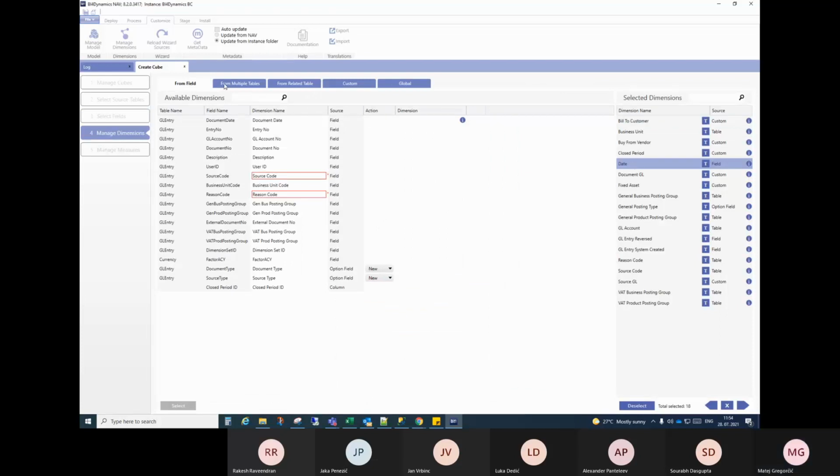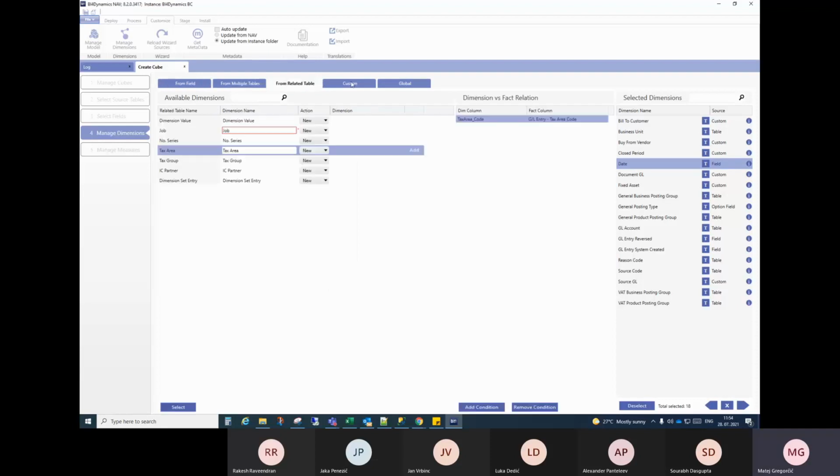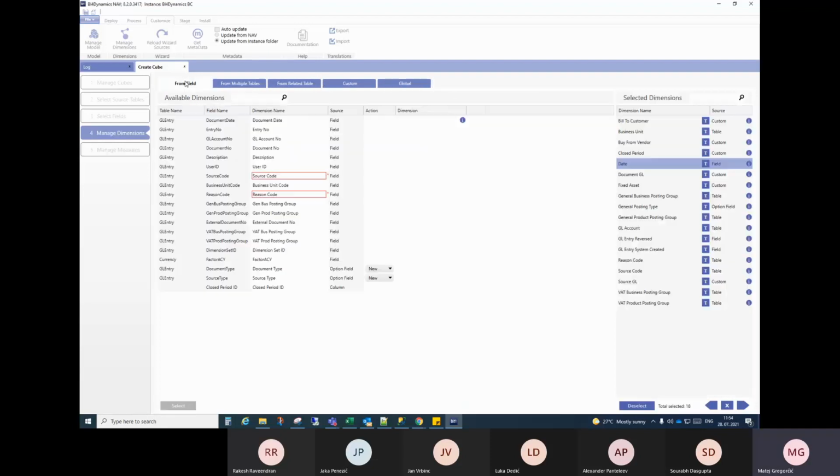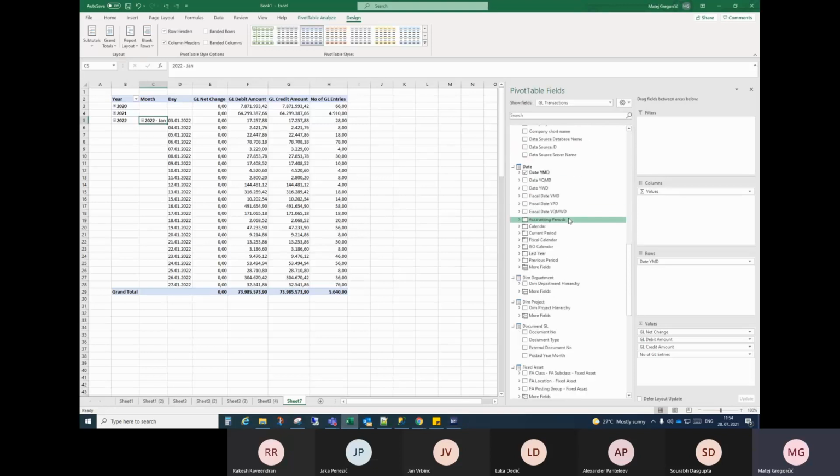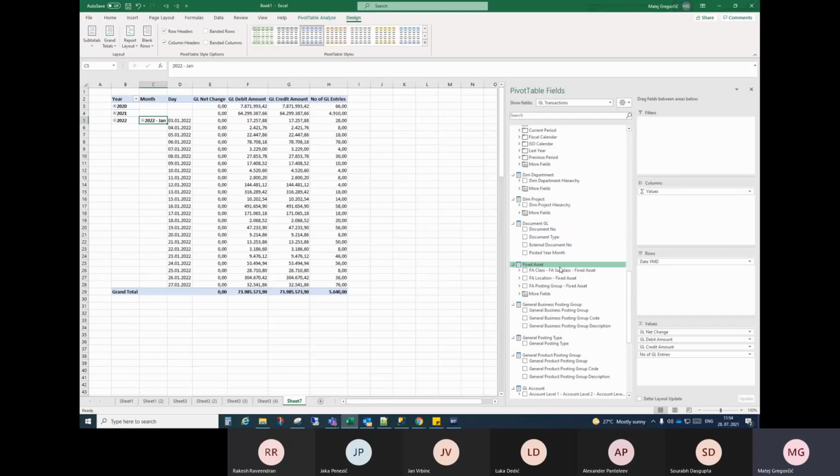Okay, let's start over. So various types of dimensions. And again, as a result, they will come in as dimensions. Like you see here: buy from vendor, close period, company, date, global dimensions, and so on.